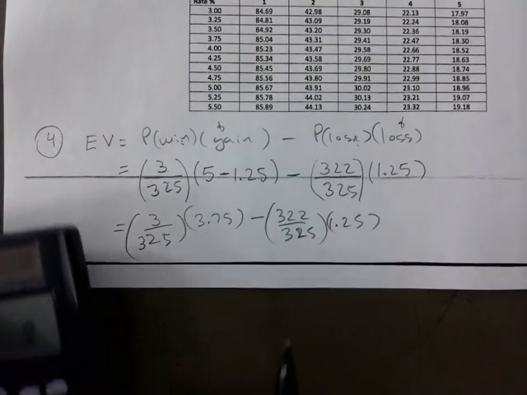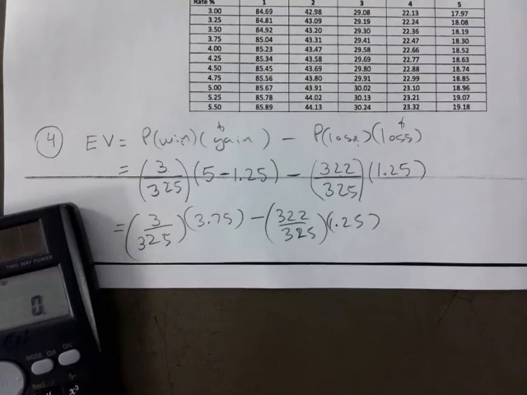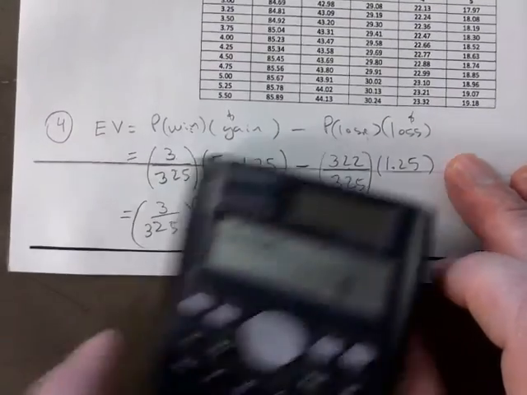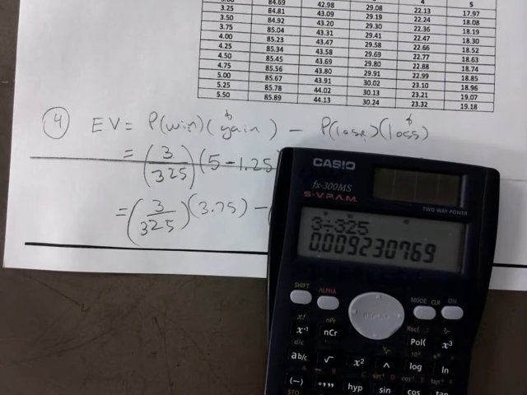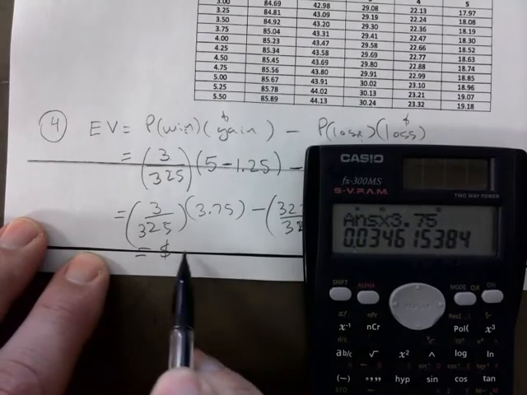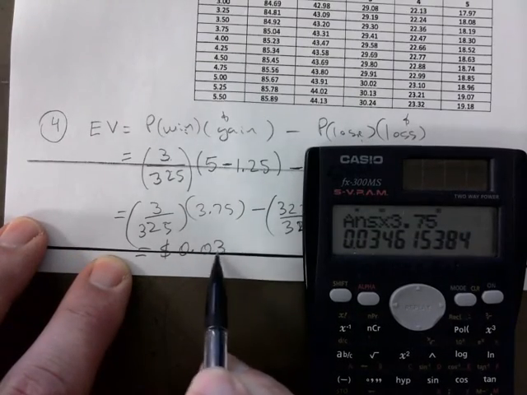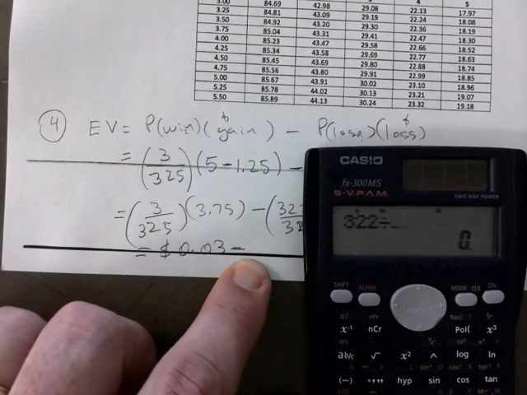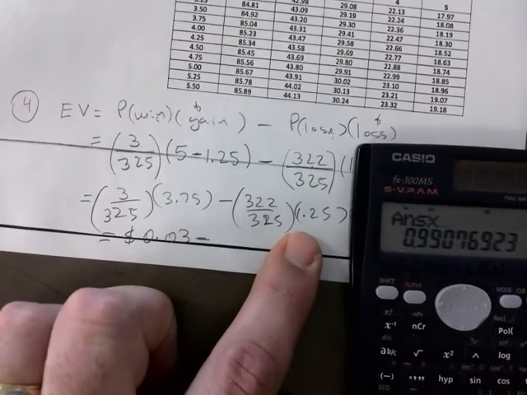You could have used it already. So you go 3 divided by 325, right? 3 divided by 325 equals, times 3.75. You write that down. It's a dollar amount already, 0.03, minus 322 divided by 325, right? Times $1.25.